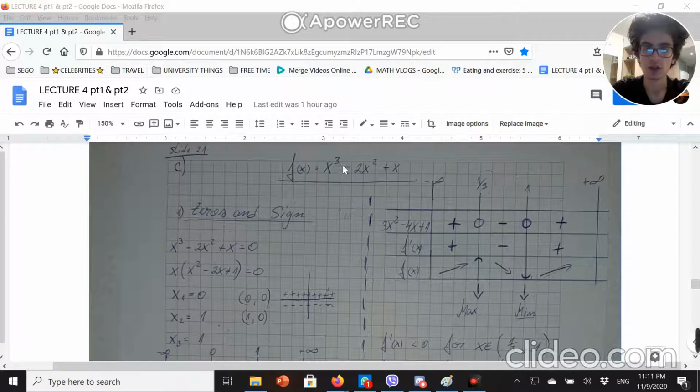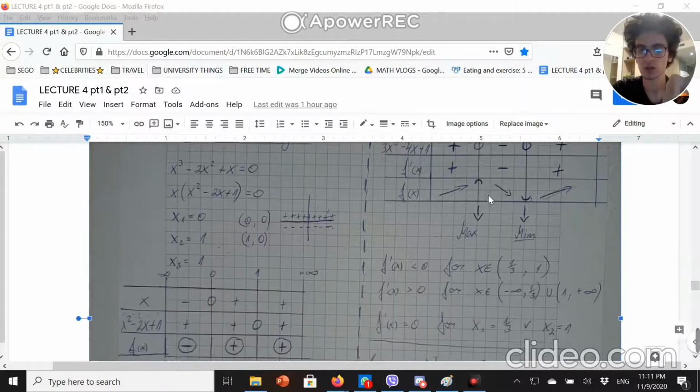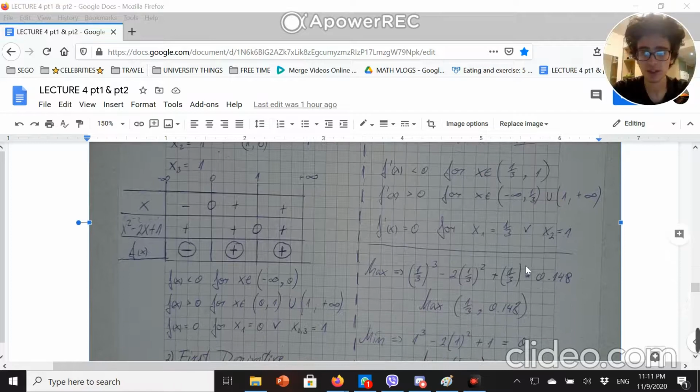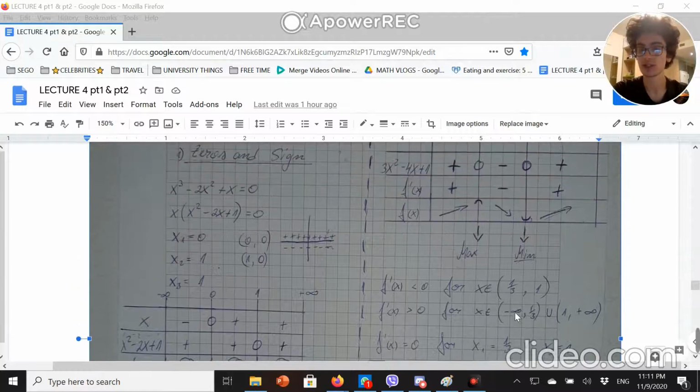So 1 over 3 to the power of 3 minus 2 times 1 over 3 to the power of 2 plus 1 over 3. When we do that, our calculator would show us that we got 0.148. So that would be the coordinates of our max point, 1 over 3 and 0.148.